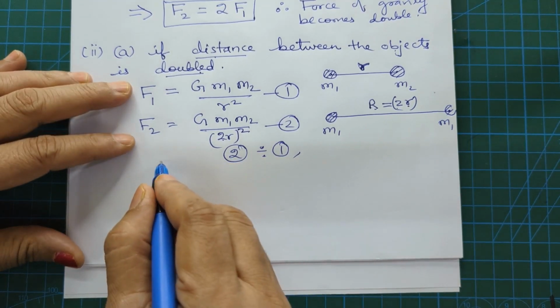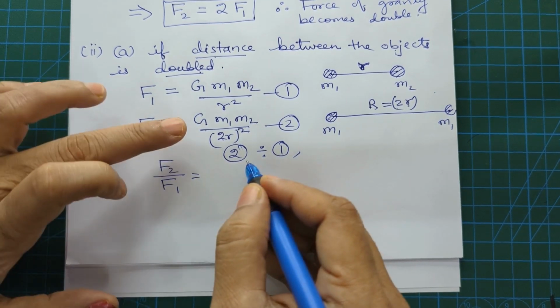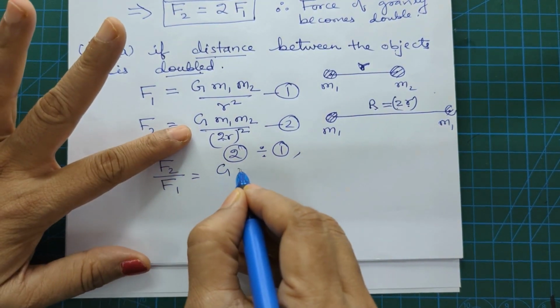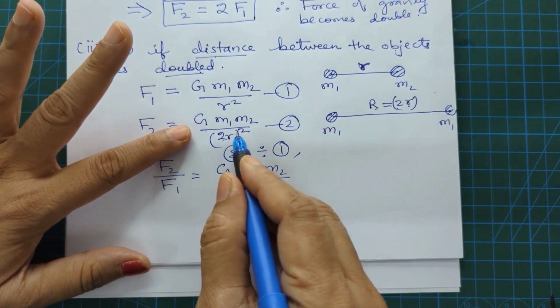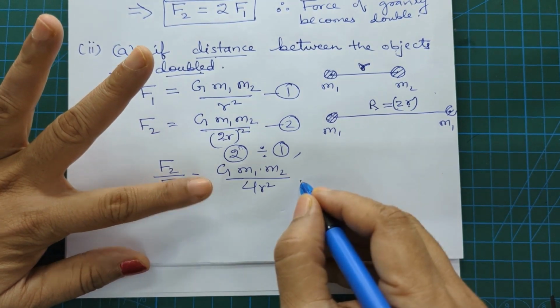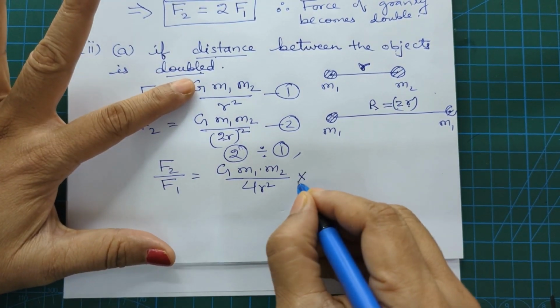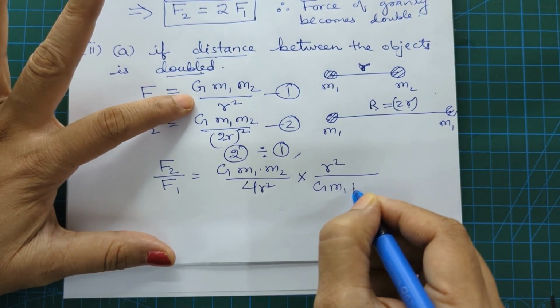So dividing the left hand sides, it is F2 by F1. Dividing the right hand sides, this one is G m1 into m2 by 2r whole square, meaning 4r square. This divided by this one means what? Multiply the reciprocal: r square by G m1 into m2.